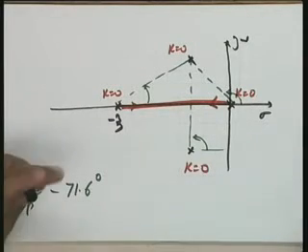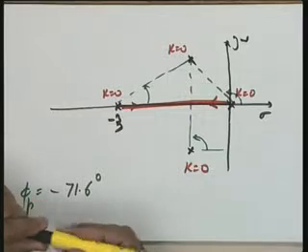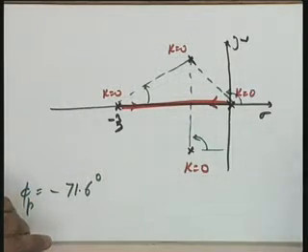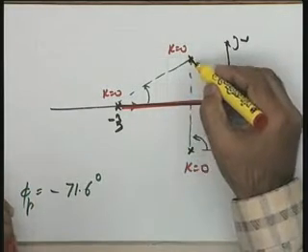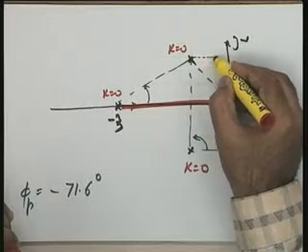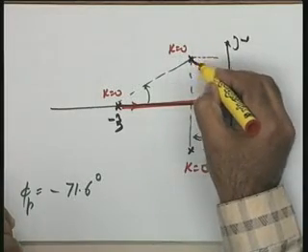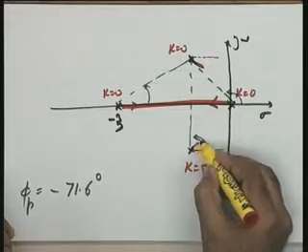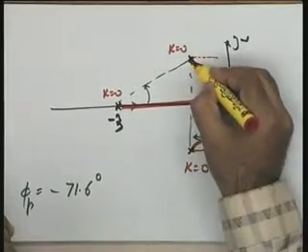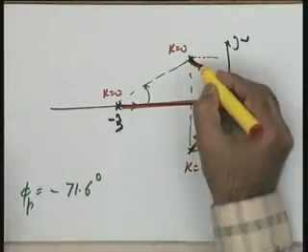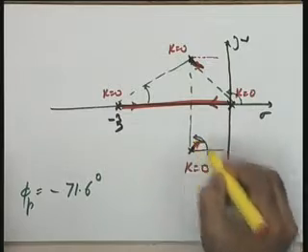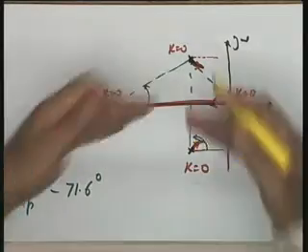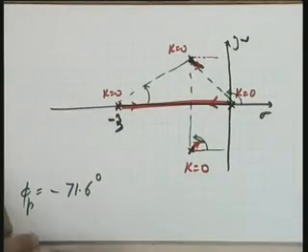Applying the formula I have given you, phi p comes out to be this way, and therefore now I know that if this is the angle I take, roughly this branch goes this way, and by the symmetry rule this branch goes this way. At least the angle at which they depart becomes known to me. It is minus 71.6, and by symmetry I am taking the other angle.